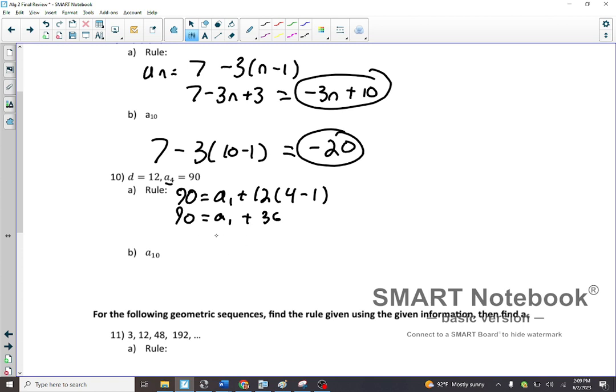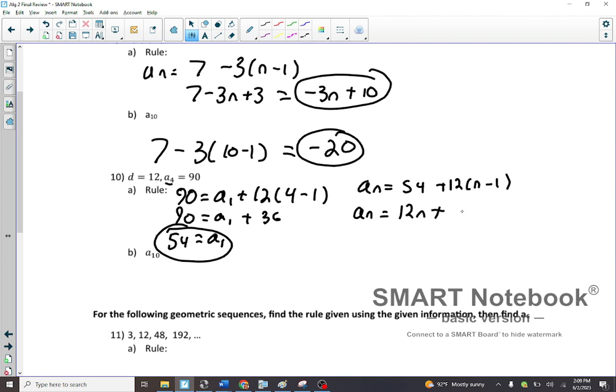Subtract 36 on both sides. A1 is equal to 54, but that's not my rule. The rule is An equals 54 plus 12 times n minus 1, which we distribute and simplify. An equals 12n plus 42.